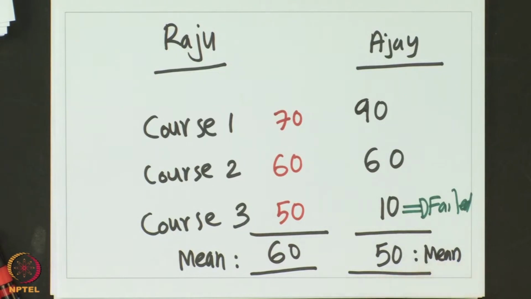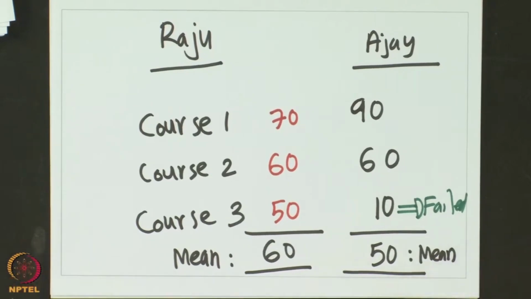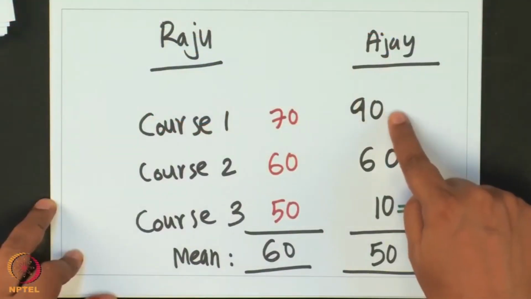So the mean is a quantity that conveys something, but there is some information which is not conveyed. The fact that there are some extreme numbers like 10, and in another course the same Ajay got very high marks like 90 marks, so he performed very well.